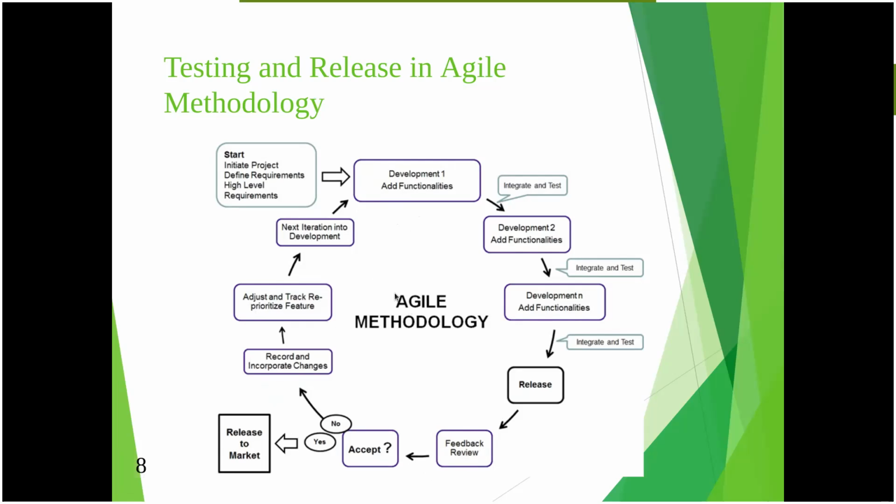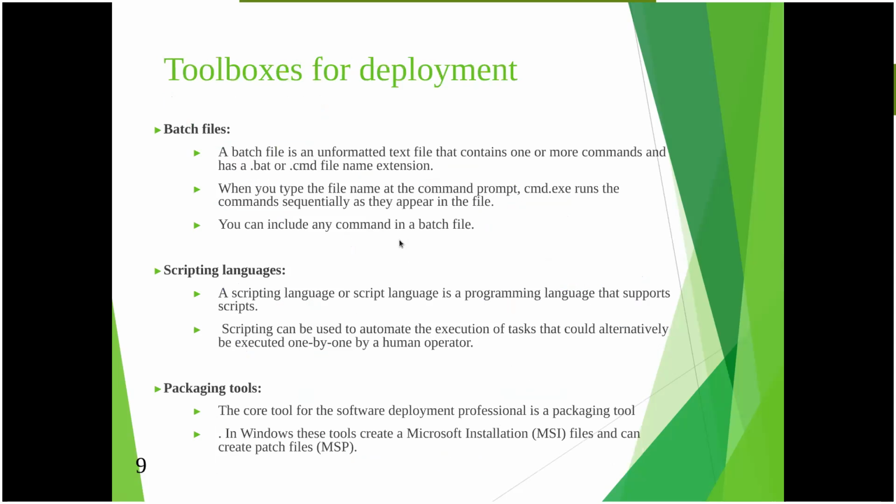Earlier there were no agile methods: start the software and end. But later, most software companies realized they can't stop software development; it should develop continuously. So agile methods came.